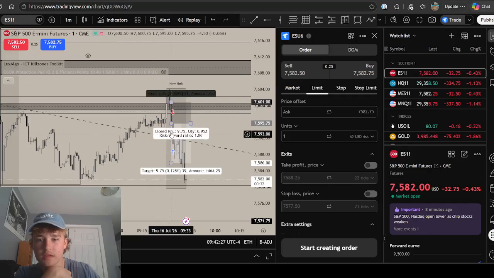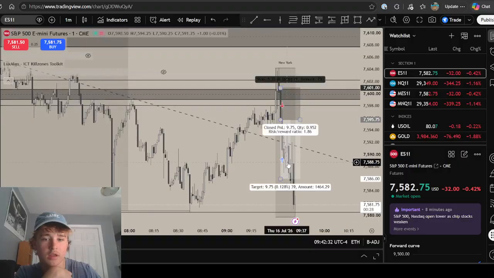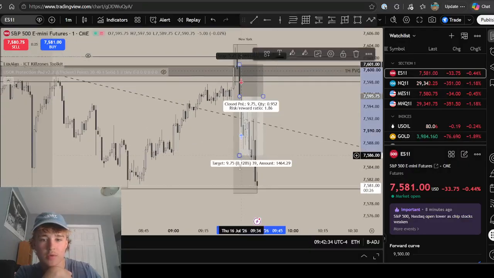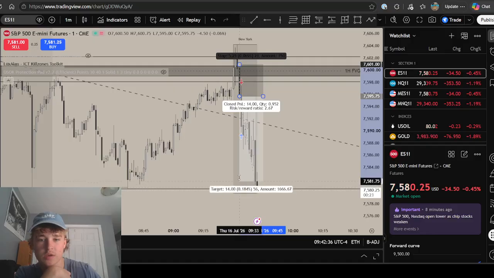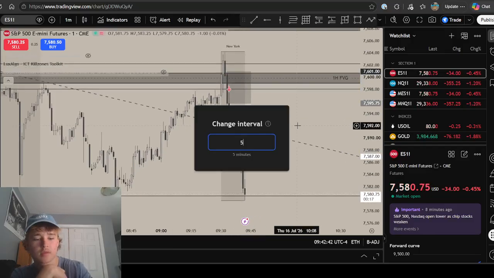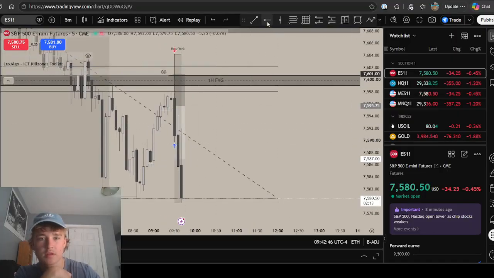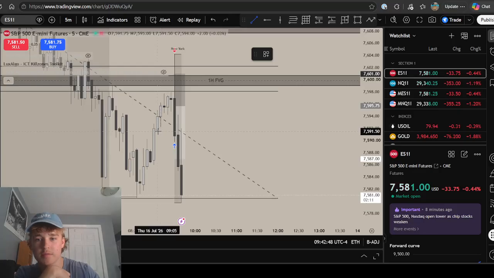So I entered off of the inverse. Overall I would be targeting these lows, but because I didn't need so much capital, I just put it at around a 2-to-1. On the 5-minute, I put my break even right here at the 5-minute fair value gap.